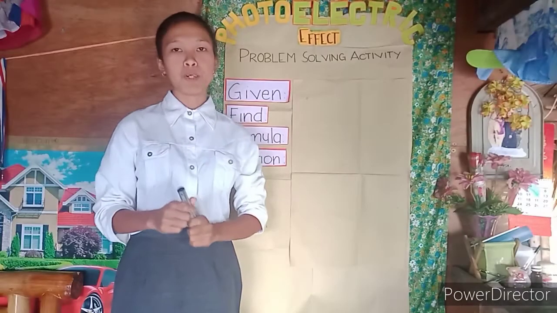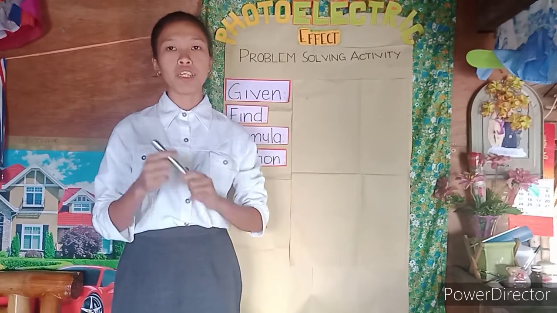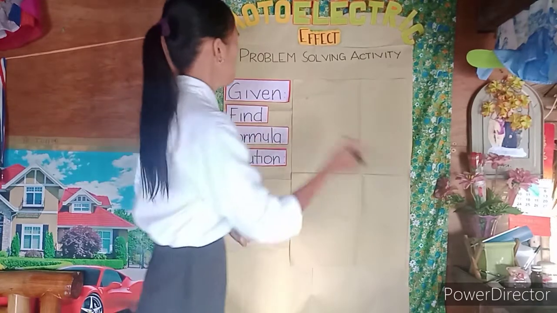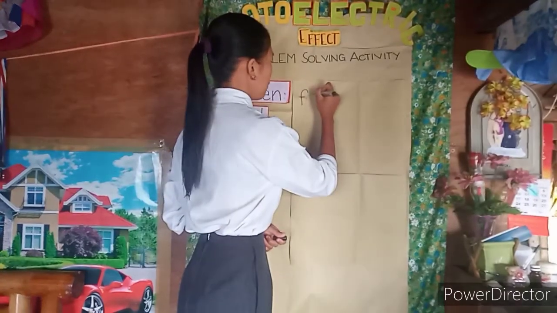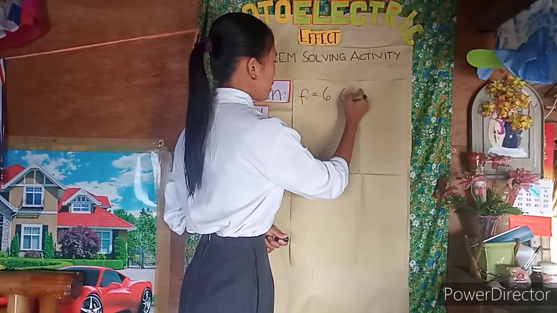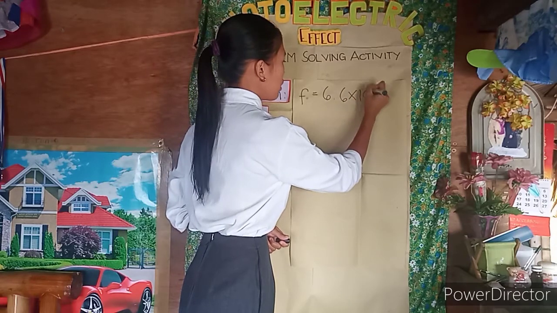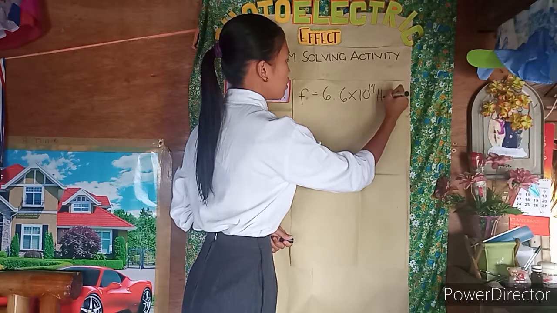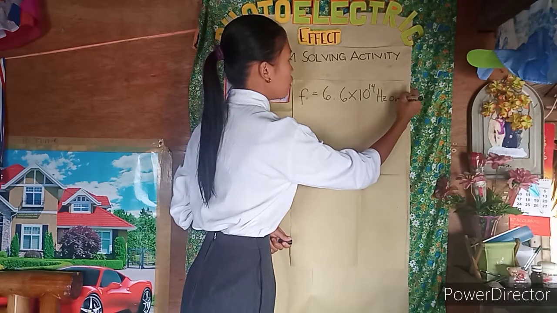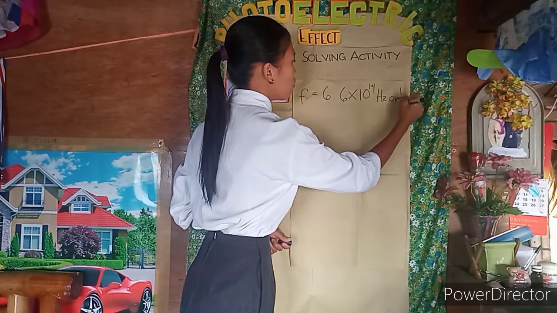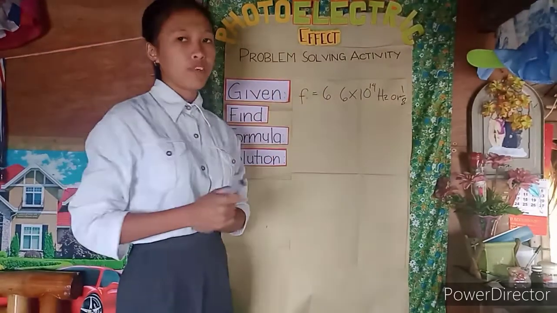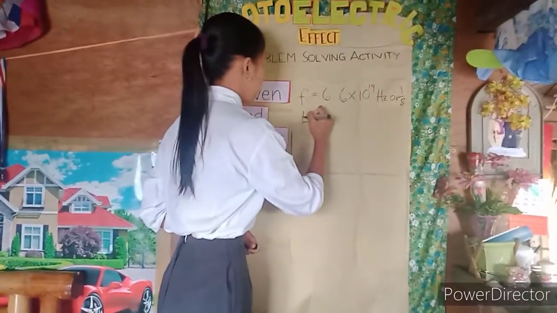For our first problem in finding the energy of the incident photons, we are given a frequency of 6.6 times 10 raised to 14 Hertz. Or, we can use the unit of 1/second. And we're going to find the value of the energy.